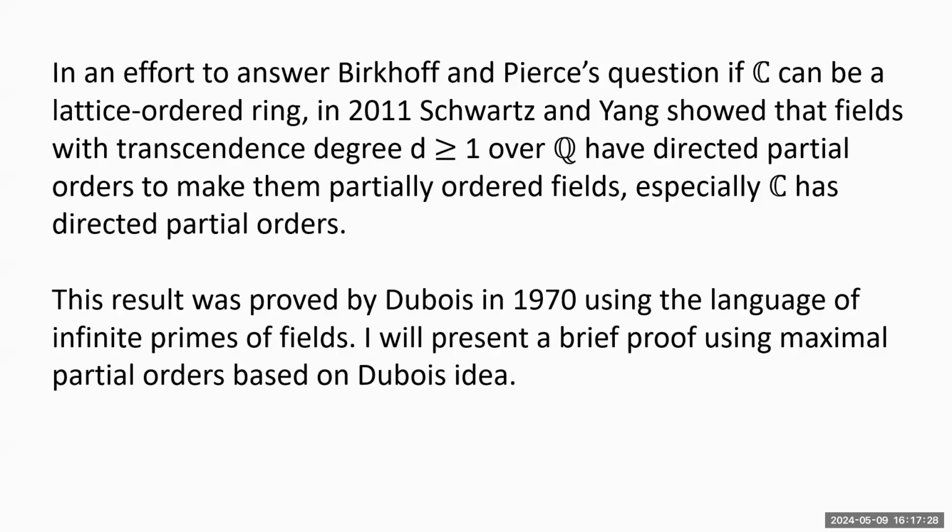This result was proved by Dubois in 1970, using the language of infinite primes of a field. So I want to briefly present his proof because I think his proof is more direct and maybe can be applied to other areas like integral domains.